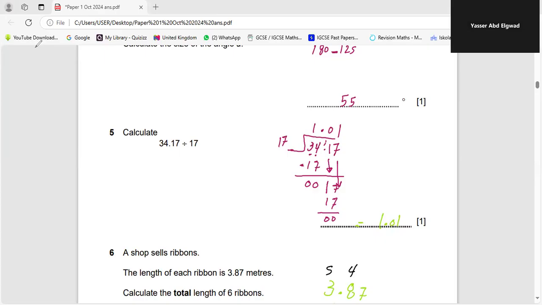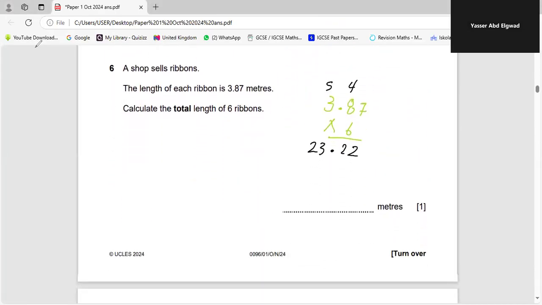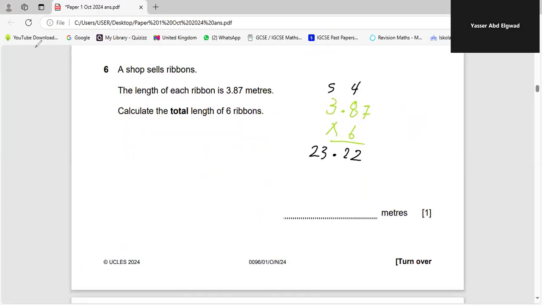The next one, number 6, I showed some ribbons. The length of each ribbon is 3.87 meters. Calculate the total length of 6 ribbons. You just multiply. How do we know it's multiply? Because multiplication is repeated addition.